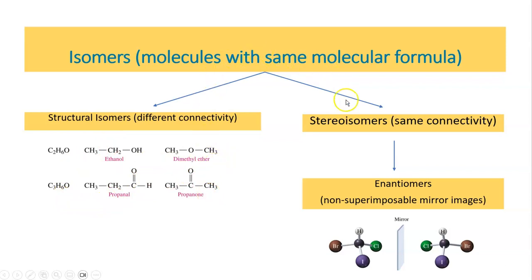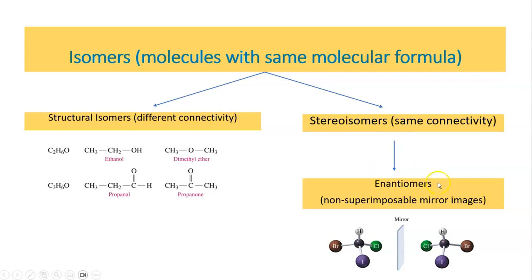Now, if we look at the other class of isomers, that is the stereoisomers. These stereoisomers have the same connectivity of atoms, but their spatial arrangement is different. So those are known as stereoisomers. There are multiple classes of stereoisomers, but I'm just going to focus on one of them, called enantiomers.